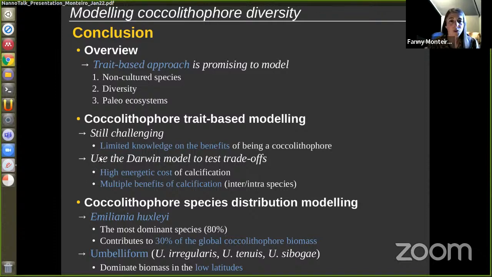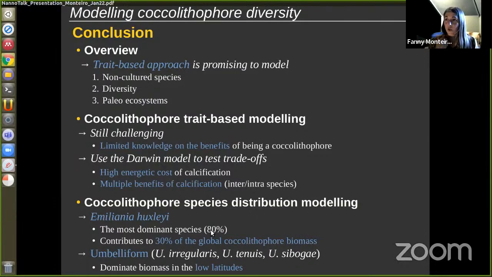I also showed you that we can use a Darwin model to test for the trade-off. I think this is a very good approach, and we find that there is still a high energetic cost with calcification, and there are multiple benefits of calcification. And then finally, I showed you the first application of species distribution modeling to coccolithophores, where we estimate Emiliania huxleyi to be the most dominant species in terms of abundance, contributing 80%.